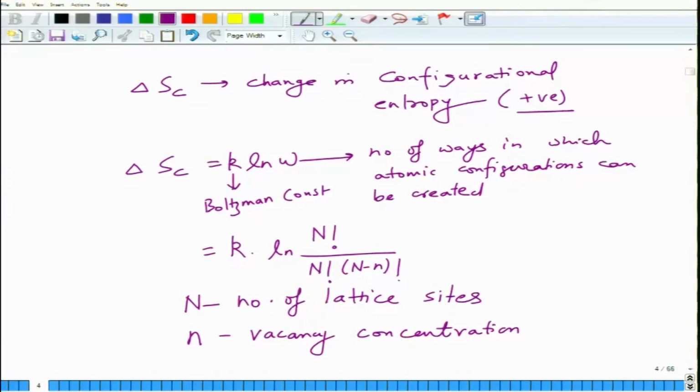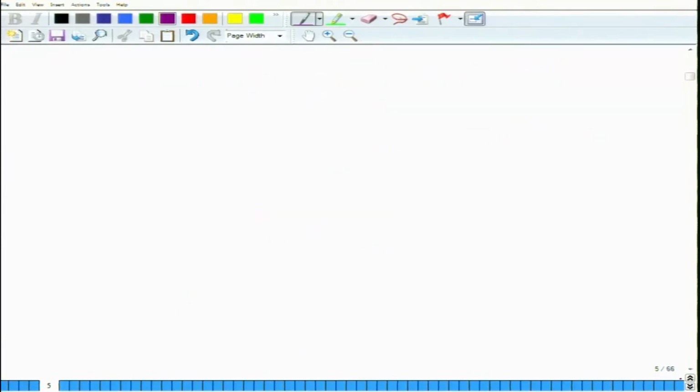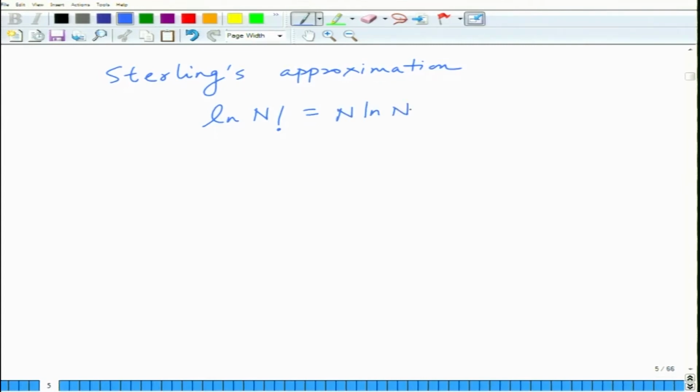To solve this equation, we make an approximation called Stirling's approximation, which is ln N factorial equal to N ln N minus N, and likewise you can write ln n factorial is equal to n ln n minus n.